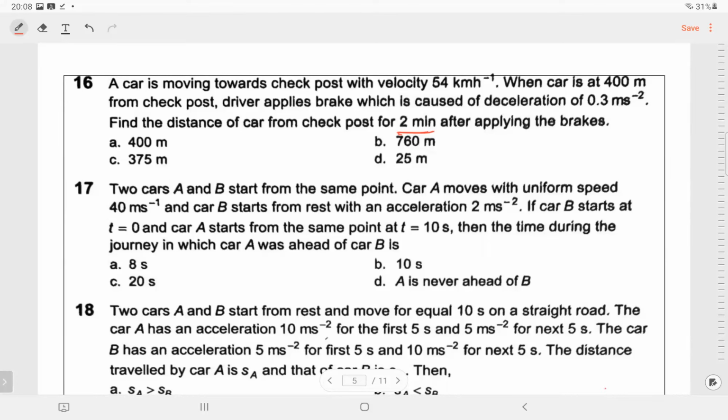Is it in motion for 2 minutes? This question is a little tricky. We have to find the velocity, and then the time taken to stop. I don't think it is in motion for 2 minutes, so the answer will be wrong if you apply it for the whole journey.